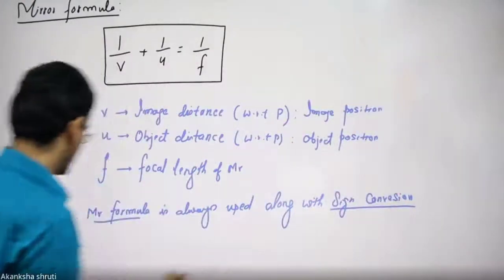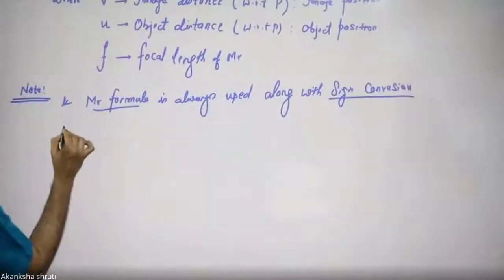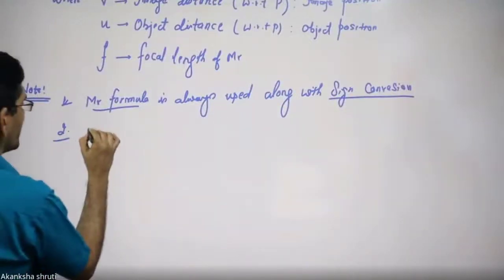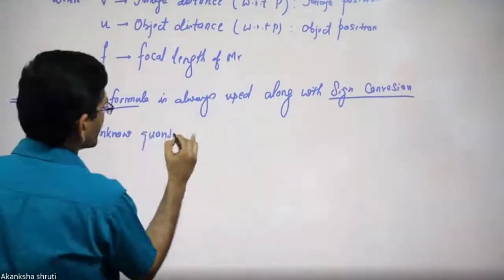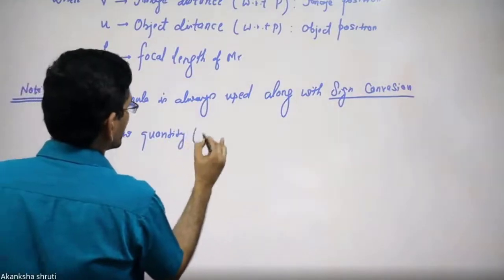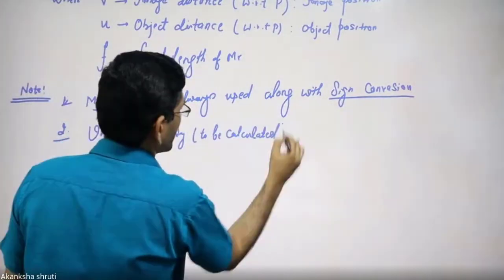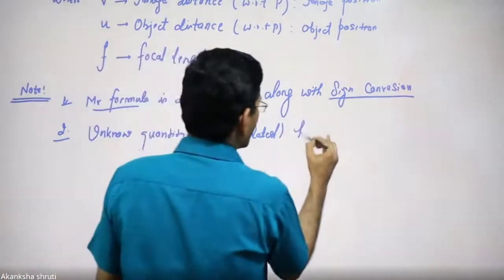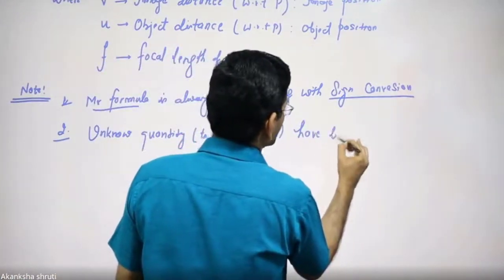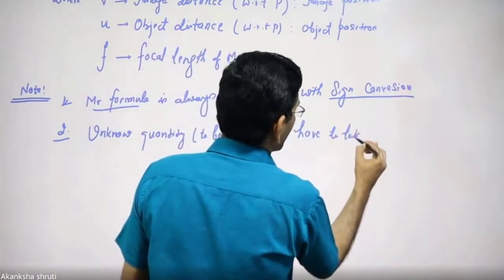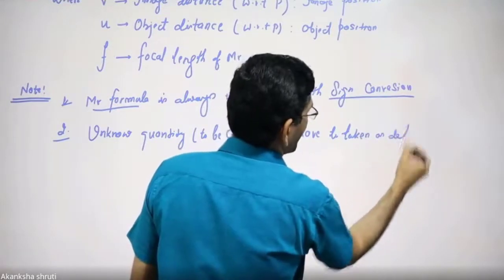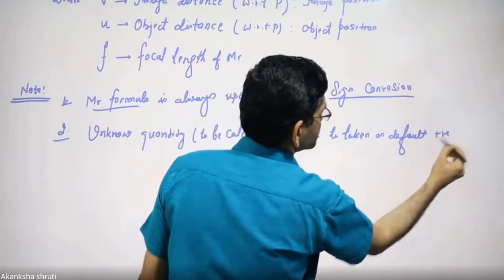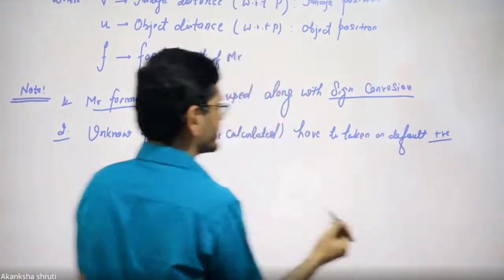So write that. While we solve the numerical, this thing we have to conclude. So the unknown quantity, the quantity to be calculated, has to be taken with the default sign, taken as default positive, meaning no need to take it with any negative sign.